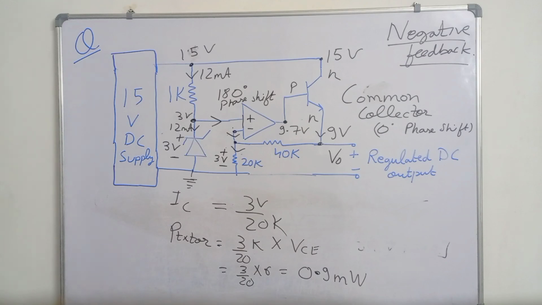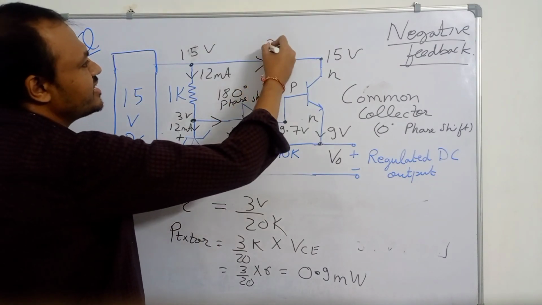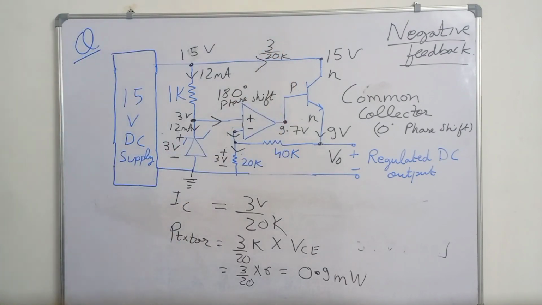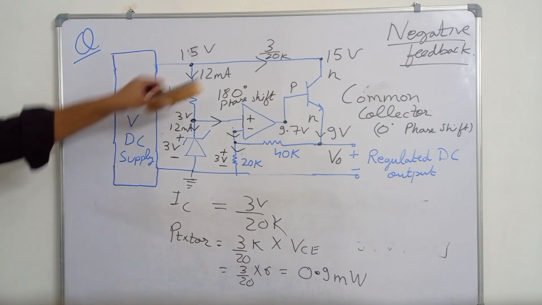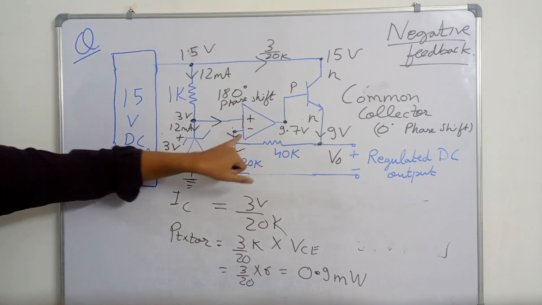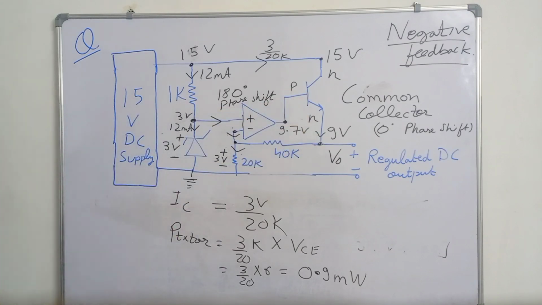So now we have found out everything. We have found out the collector current also. The collector current is 3 upon 20k. We have found the ammeter current also. We already know this current is 0, this current is 0. We assume that the base current is 0, and we have found the current and voltage in every node and in every loop.